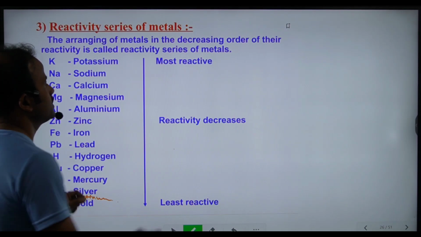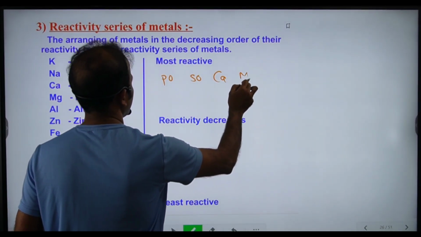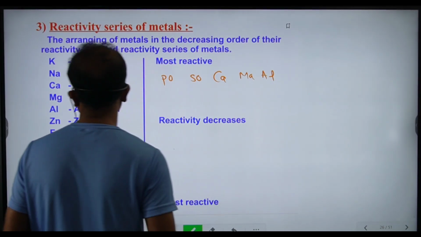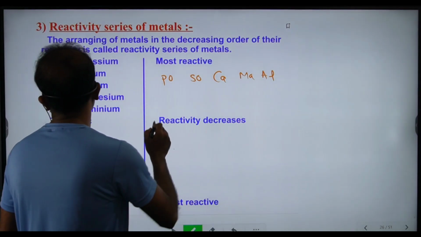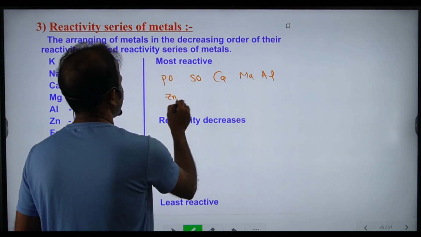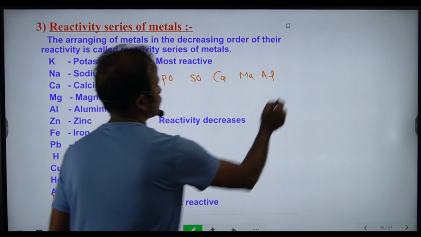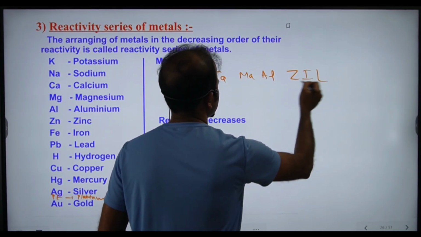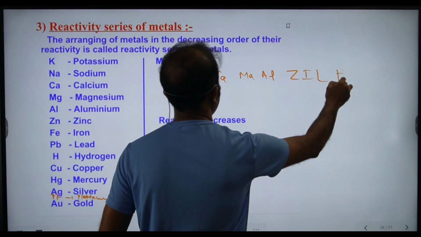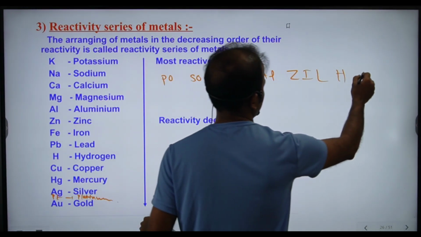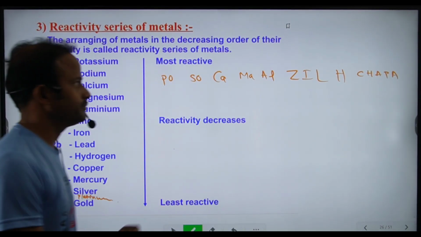So how do you remember this? Potassium, sodium, calcium, magnesium, aluminium, up to here, पोसो का मा जिल. Jil means zinc, iron, lead. Then H, and chop.